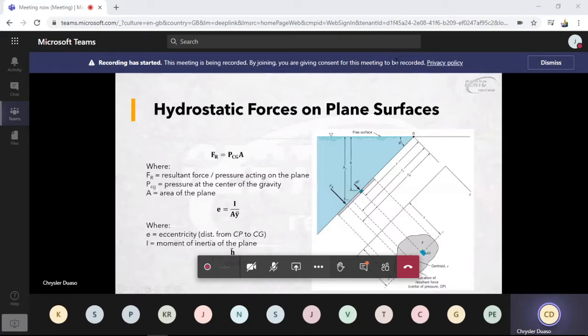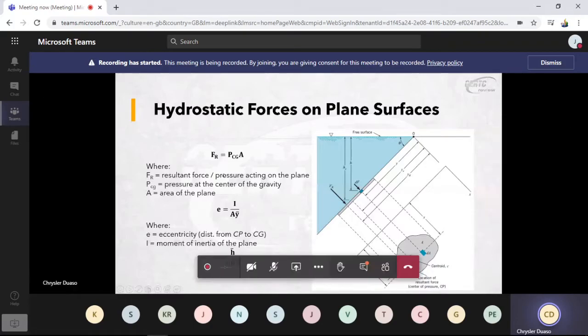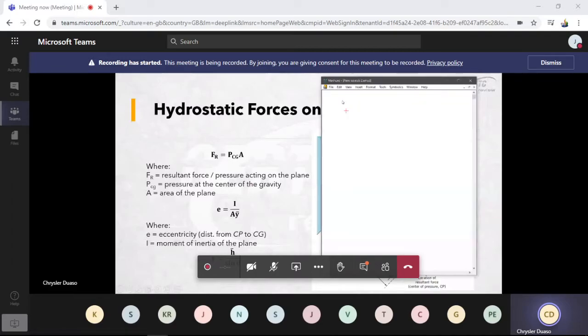When we first encounter forces, you can see it here in MathCAD. This is what we usually see: force is equivalent to gamma times the h at the center of gravity times the area.